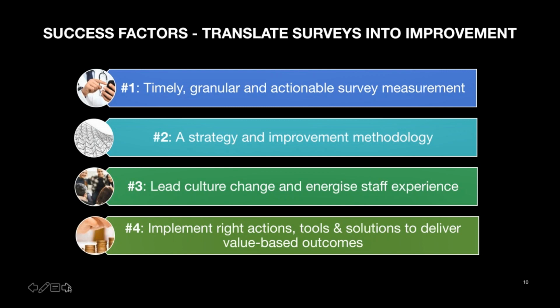And finally, one of the things that's really, really important is helping you and your teams implement the right actions at the right place at the right time, using the right solutions to deliver outcomes that are value-based. So obviously, the funds, the money, the budget is a critical factor in terms of some of the actions. Now, some actions like teaching people how to smile, teaching people how to introduce themselves, really don't cost a lot of money at all.